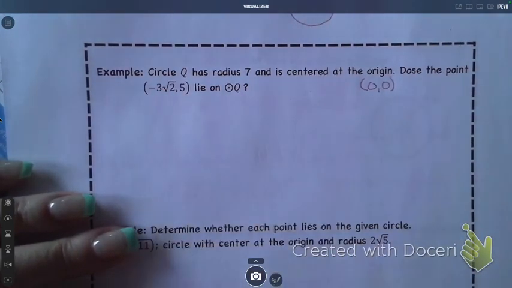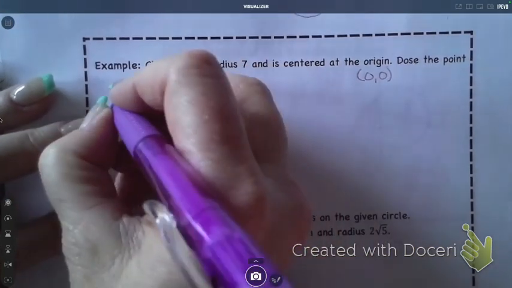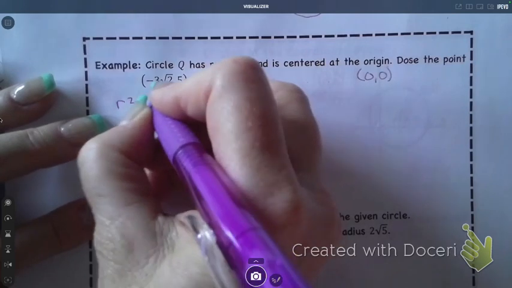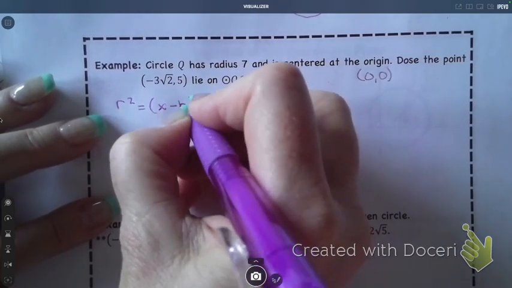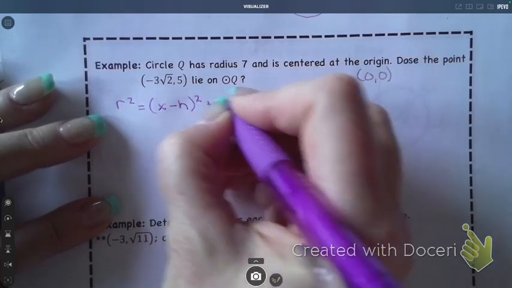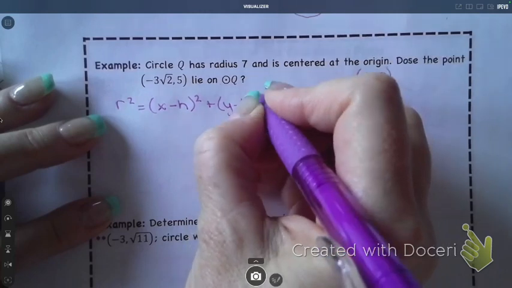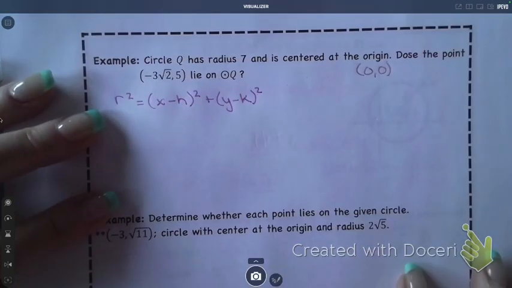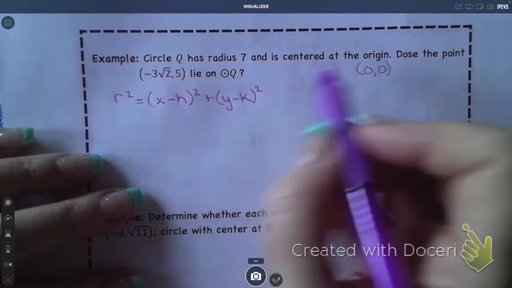Okay, so without looking at the other side, can you guys give me my equation? x minus h squared plus y minus k squared. Now, are these parentheses important, guys? Yes, because that means you do the subtraction first, then square it, right? Yeah.